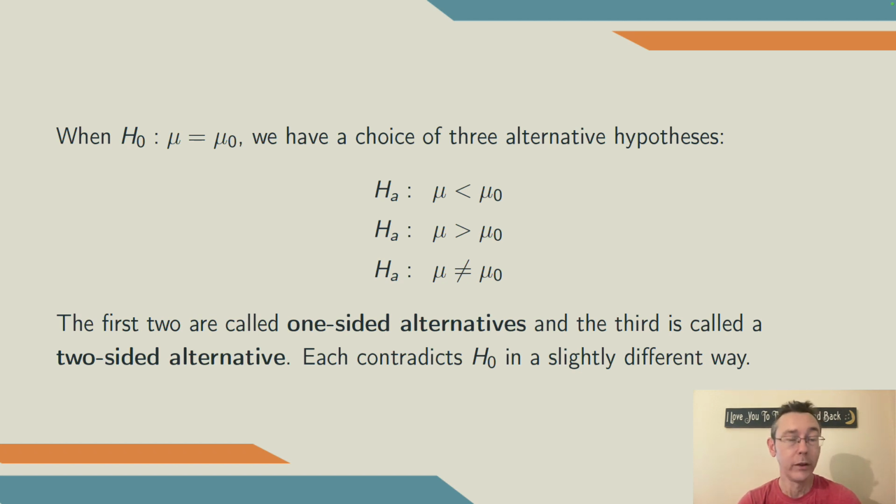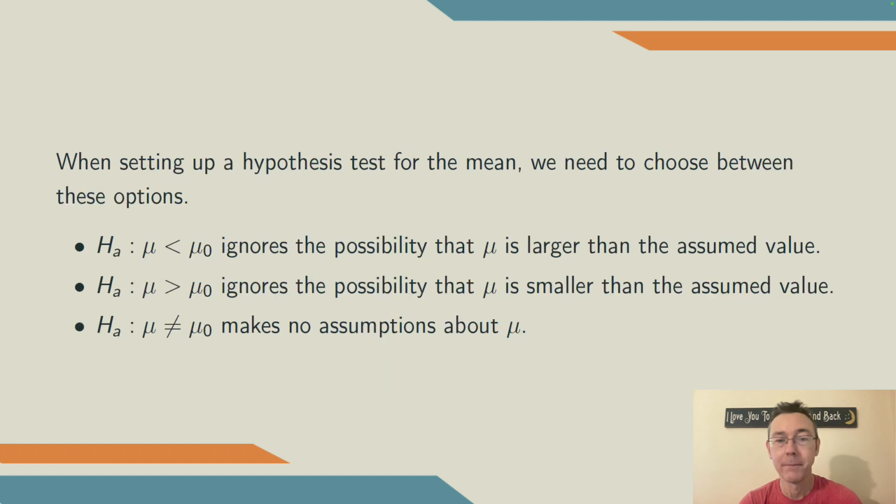The first two are called one-sided alternatives because we only allow the possibility that the parameter is on one side of the specified value, while the third is called a two-sided alternative. Each of these three contradicts the null hypothesis in a slightly different way. When setting up a hypothesis test for the mean, we have to choose between them.